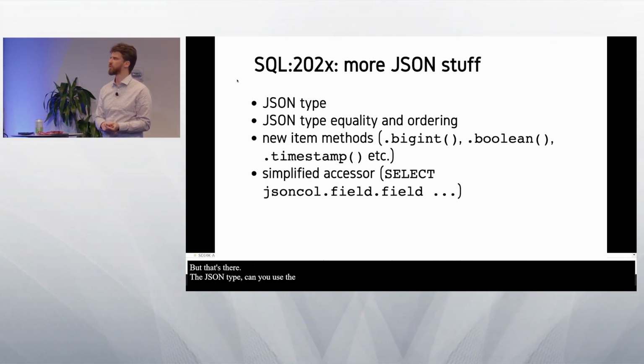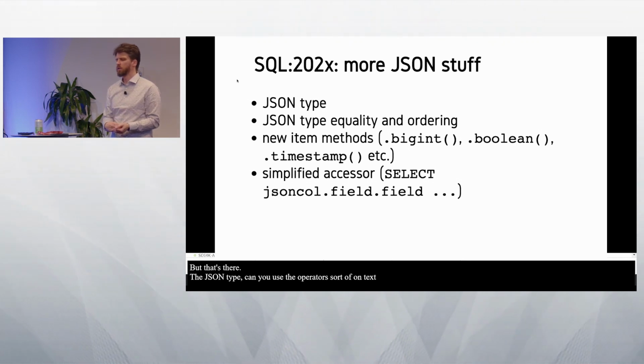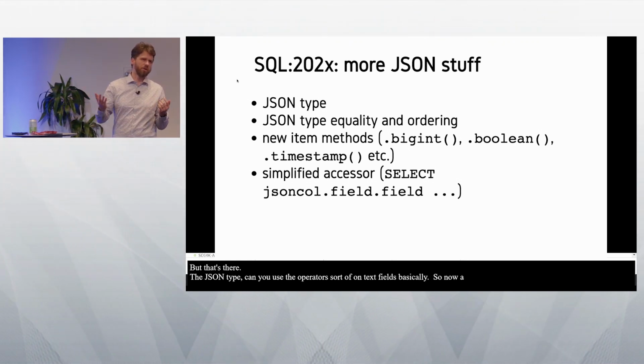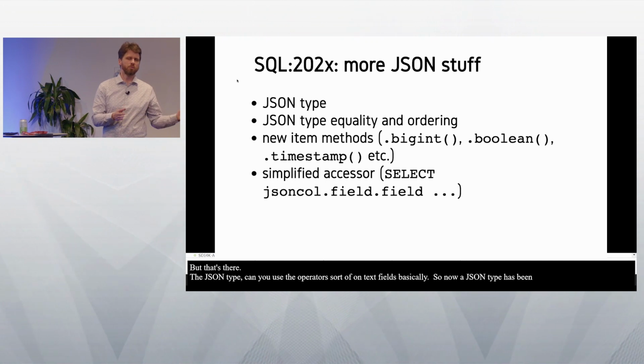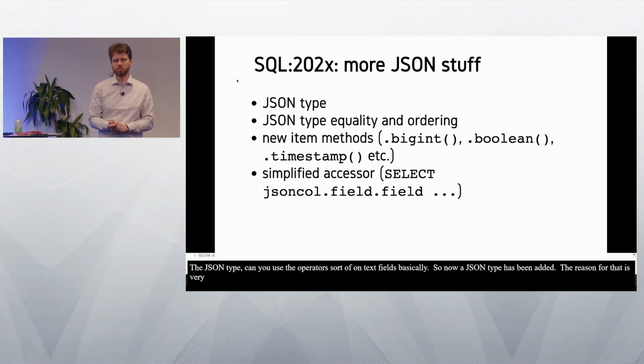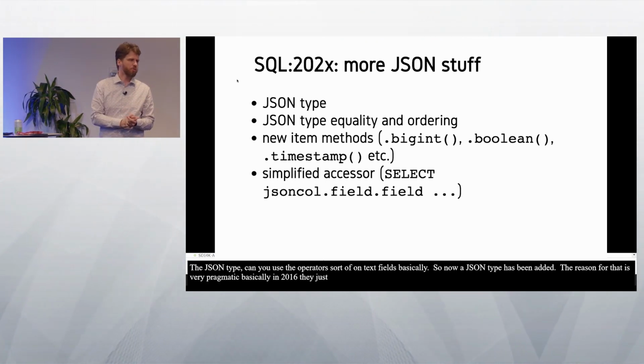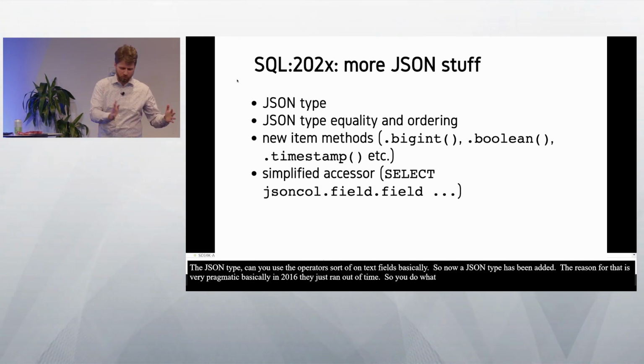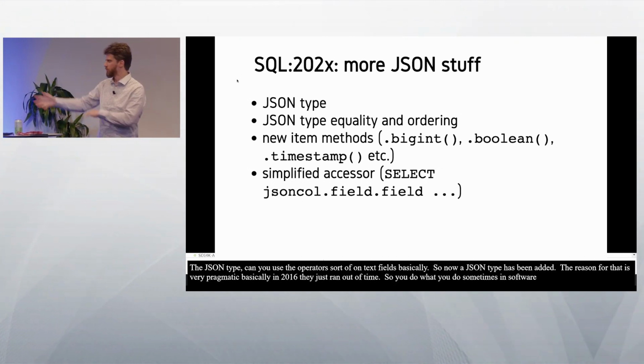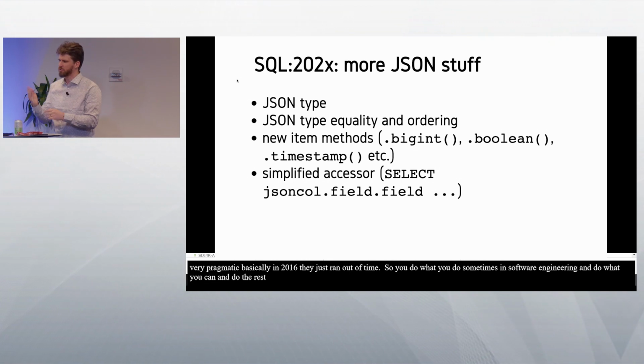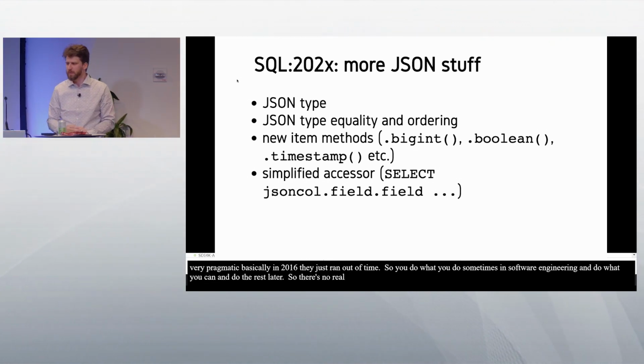And so now a JSON type has been added. The reason for that is very pragmatic. Basically, in 2016, they just ran out of time. So you do what you do sometimes in software engineering: you do what you can and then do the rest later. There's no real reason other than they ran out of time.